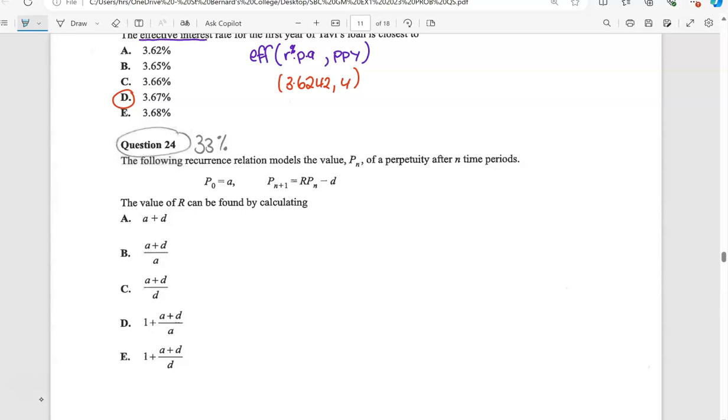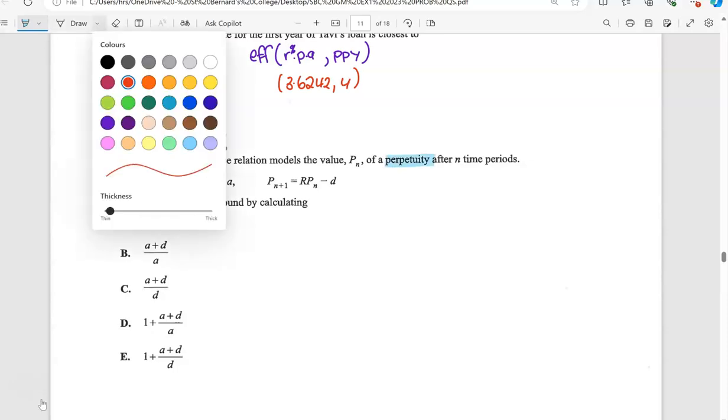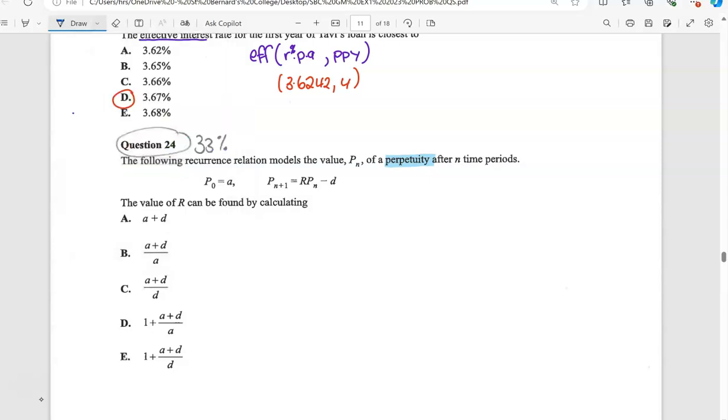If you look at this, it says the recurrence relation models a perpetuity. So we want to think about what a perpetuity is. Remember we say the PV equals the FV. What that means is the amount that's in the bank, the investment, never changes.